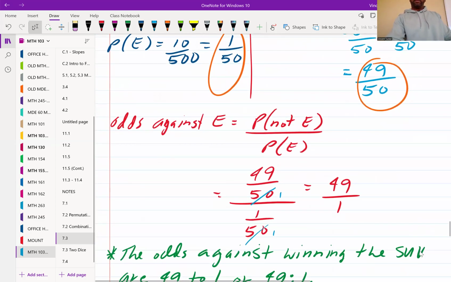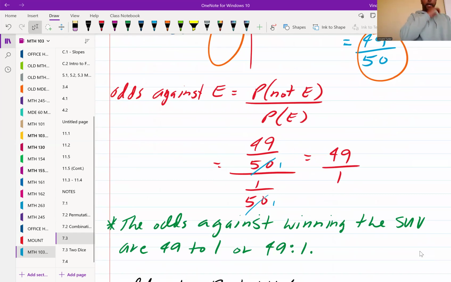So, concluding statement, the odds against winning the SUV are 49 to 1.